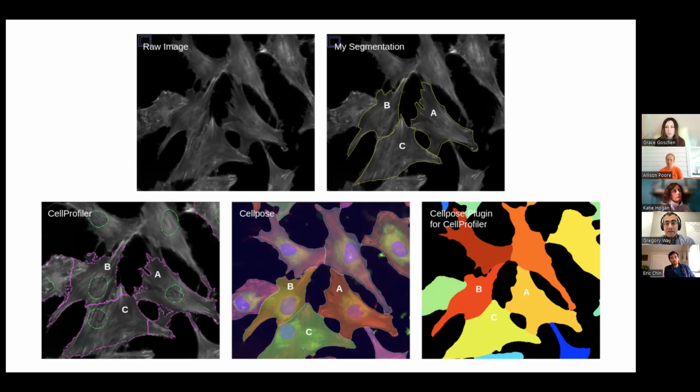But typically what's done is you'll segment something by hand. There are tools out there that you can use to individually outline a cell and then measure the overlap between an algorithm like CellPose or CellProfiler and the hand-drawn segmentation, where you consider the hand-drawn segmentation to be ground truth. But like I said, it's really tricky.